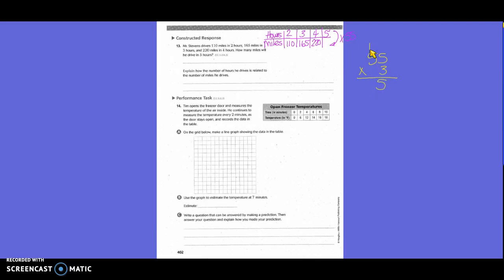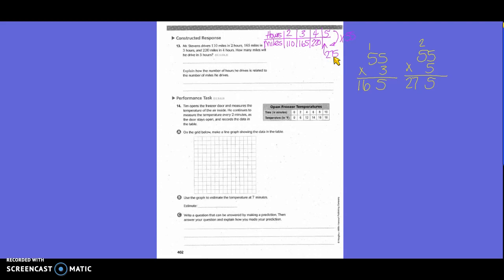Carry the 1. 5 times 3 is 15 plus 1 is 16. So does that match up there? Yes. So now we need to do 55 times 5. 5 times 5 is 25, put a 5, carry the 2. 5 times 5 is 25, plus 2 is 27, so 275, right?